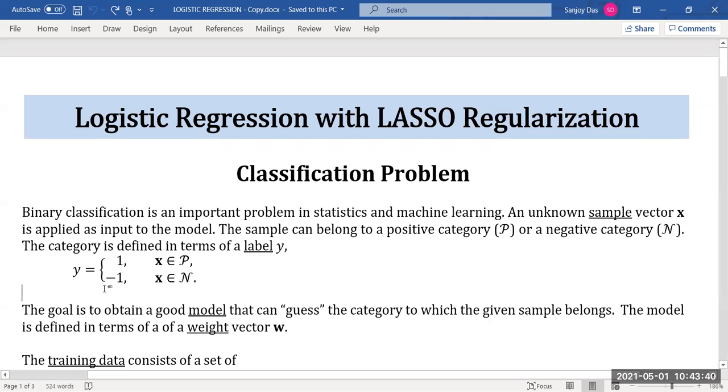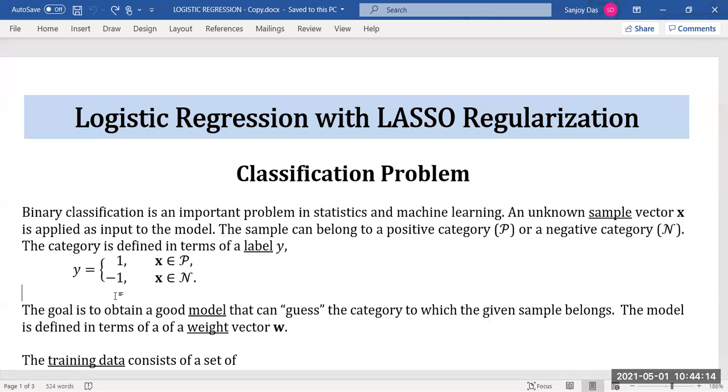Anyway, the two classes are approve the application or deny the application. Given the data X of the applicant, Y must be 1 if the credit card company is to approve the application, and it's negative otherwise.